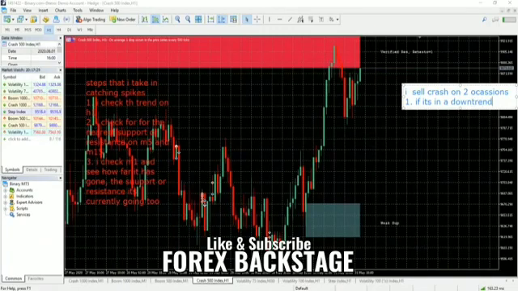Number one, if it is in a downtrend. Number two, if it is close to a resistance. Do you understand? It's close to a resistance and if it's on a downtrend. So that's what I do on crash.